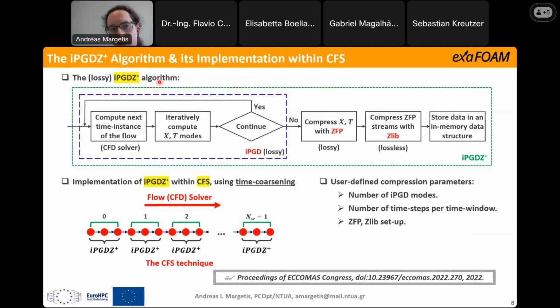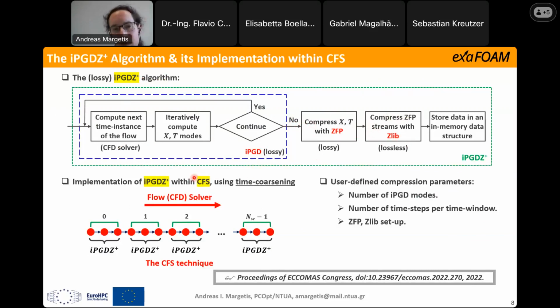IPGDZ+ operates as follows. It first uses the IPGD algorithm to compress the flow solution at a number of time steps. After that, the computed modes are lossily compressed using ZFP. And finally, the resulting ZFP streams are further losslessly recompressed using zlib.